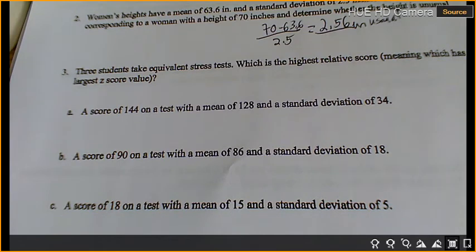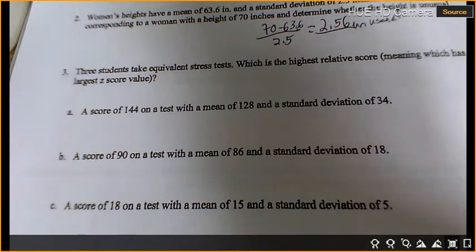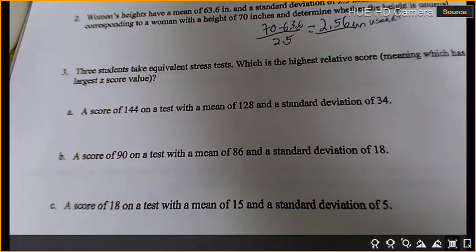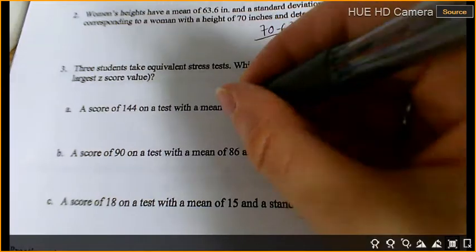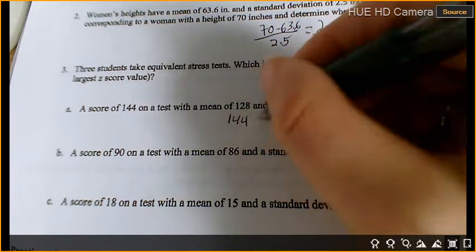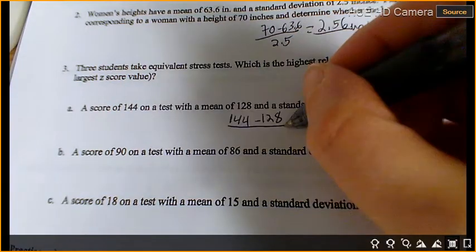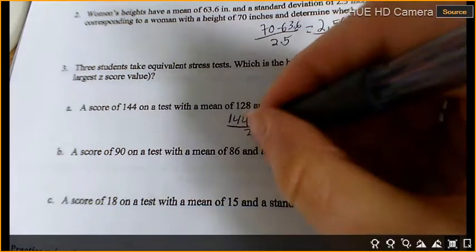We have a score of 144 on a test with a mean of 128 and a standard deviation of 34. So we go 144 minus 128 divided by 34.